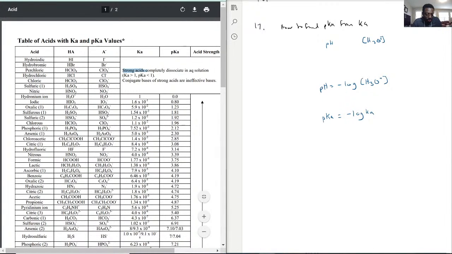Acetic acid is all the way down here. Its Ka value is 1.76 times 10 to the negative 5. And this usually comes up when it comes to buffers, for example. But if we did the pKa, it would be negative log of 1.76 times 10 to the negative 5. So let's do that. Negative log 1.76.